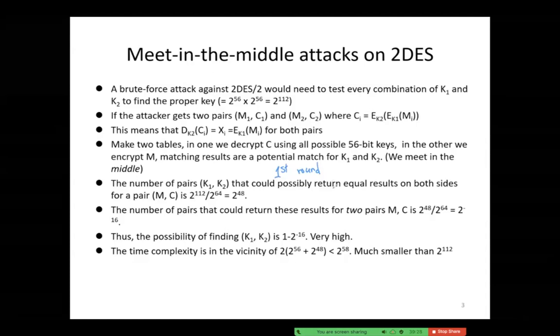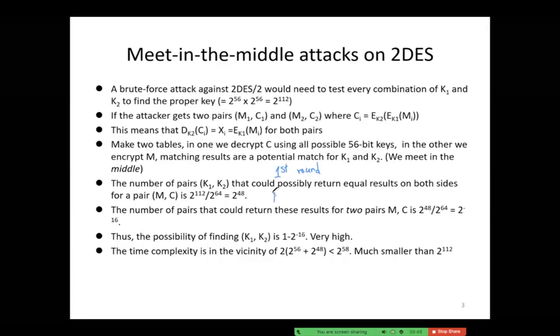So some of the blocks under those keys will be the same. So the candidate pairs is at most 2 to the 112 divided by 2 to the 64, because that's how many different blocks you can have. So that's 2 to the 48.